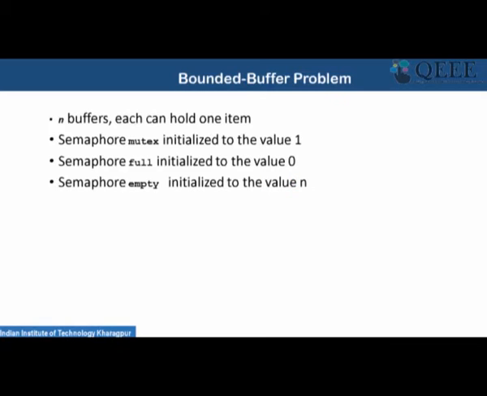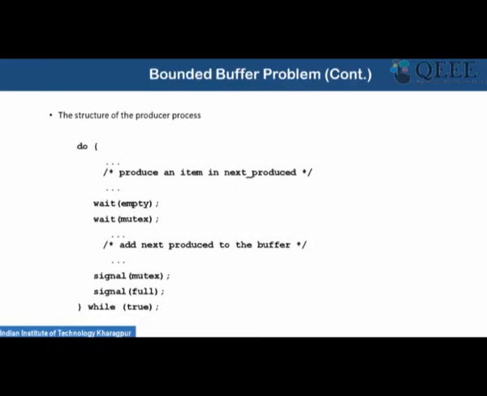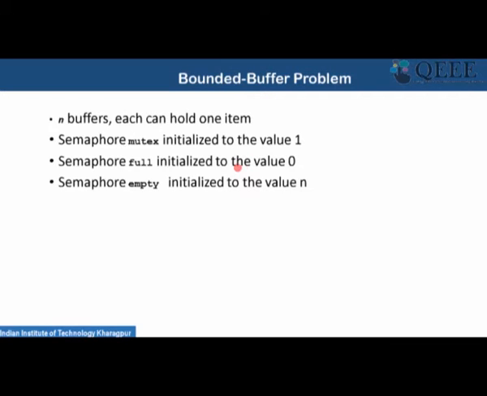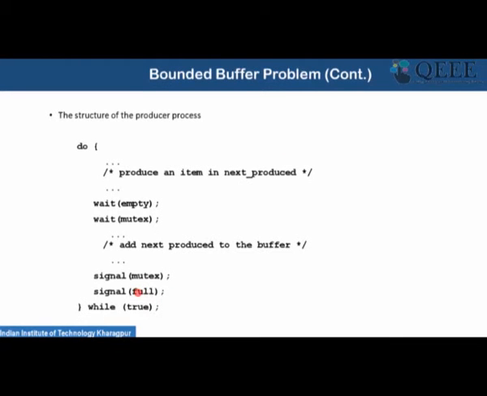That means a producer can produce items until the empty semaphore becomes 0, so up to n items can be put inside the buffer. It then signals the full semaphore, initialized to 0. This means it has added a new item to the buffer which the consumer can consume.